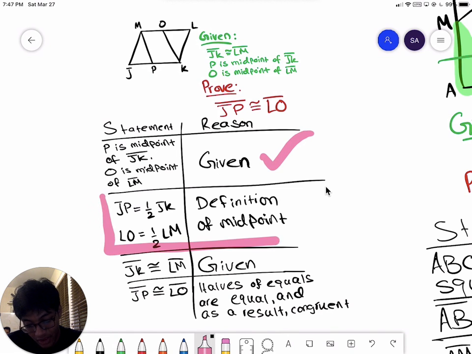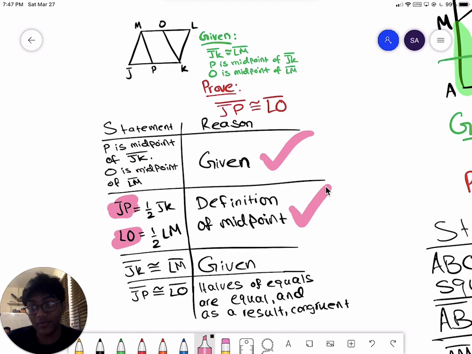We use the definition of the midpoint to say that JP, which is this one, is half of the whole side. And likewise with LO. So that's from the definition of the midpoint. Then we say that JK, this one, is congruent to LM. That's a given. And so we conclude that line segment JP is congruent to line segment LO. And that completes our proof.